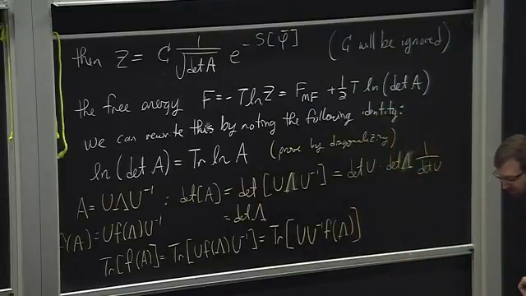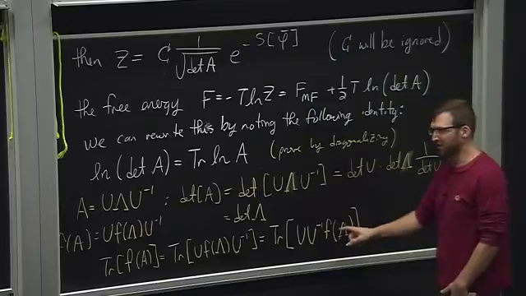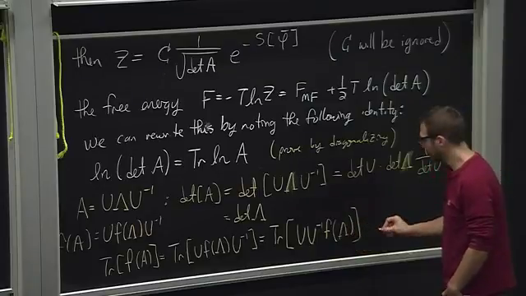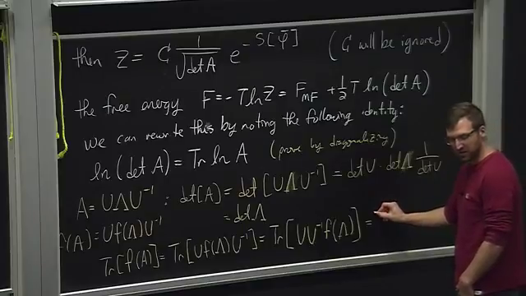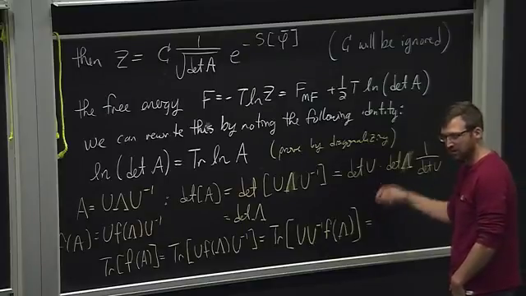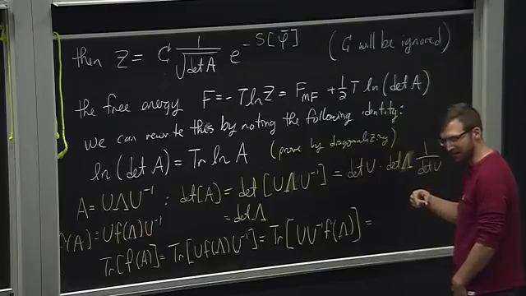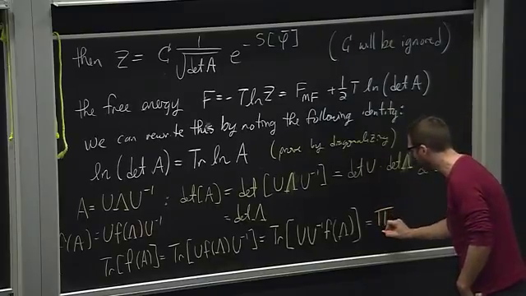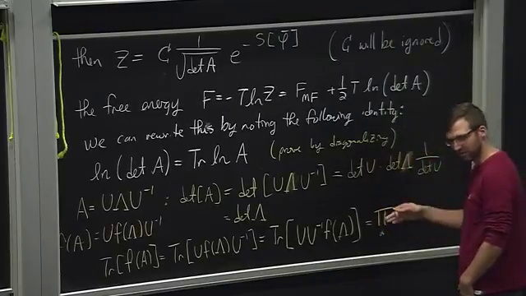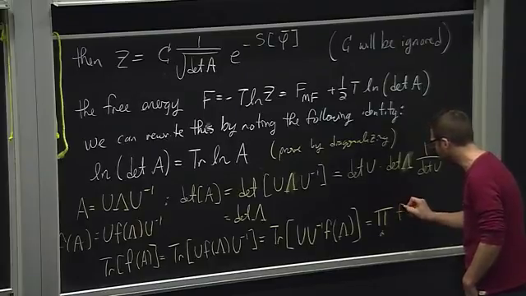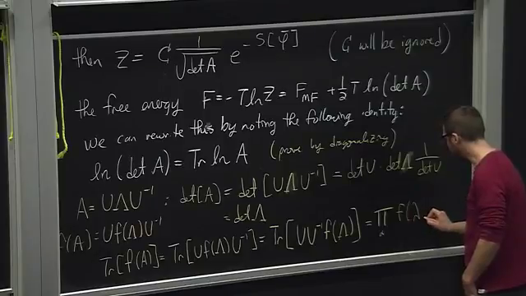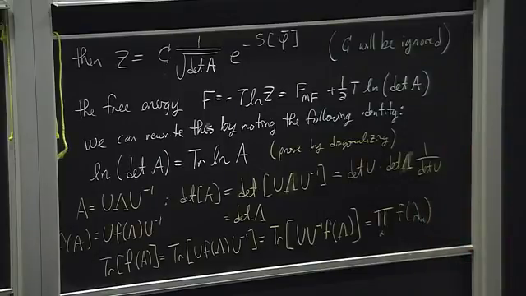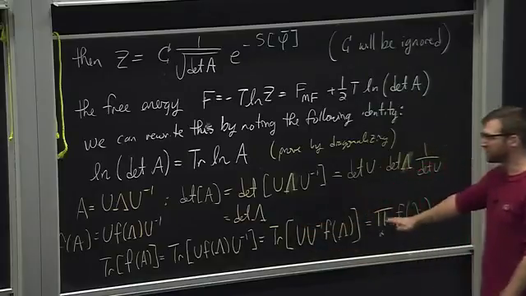So now you just have the trace of a function of a diagonal matrix, because this gives you the identity. So this will give you the trace of f of A. So this should give you the product over all the eigenvalues, so the diagonal matrix elements. So I'll call them lambda. Because all you have to do is relate these two steps.